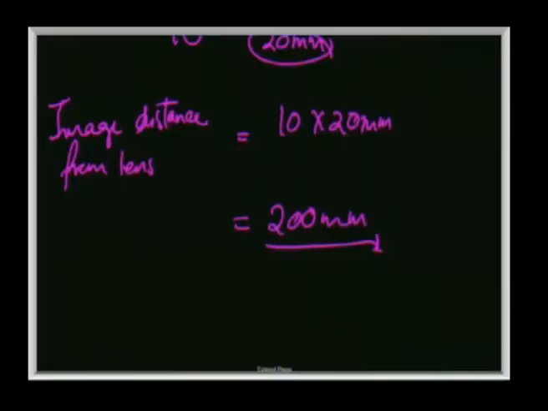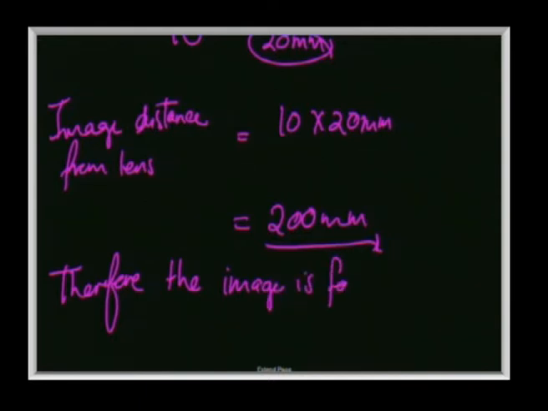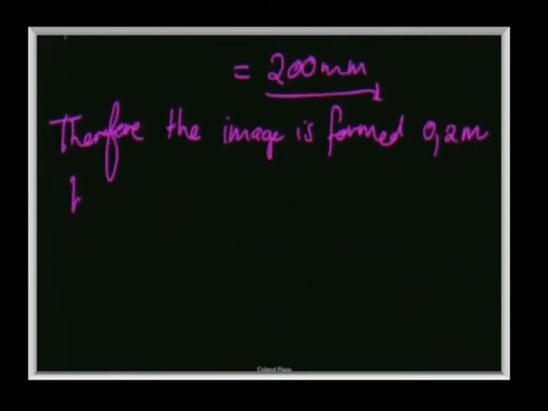If you really want to give the answer in an SI unit, or they tell you to give it in an SI unit, you could say that therefore the image is formed 0.2 meters beyond the lens. All right, nice fully answered question over here.